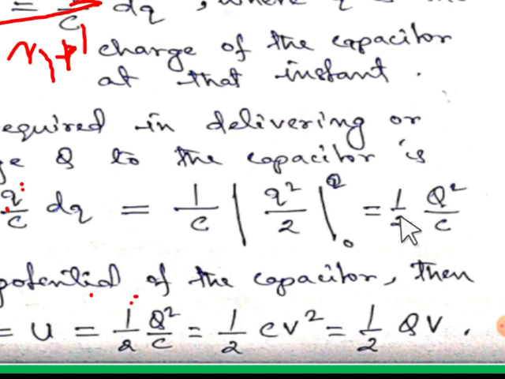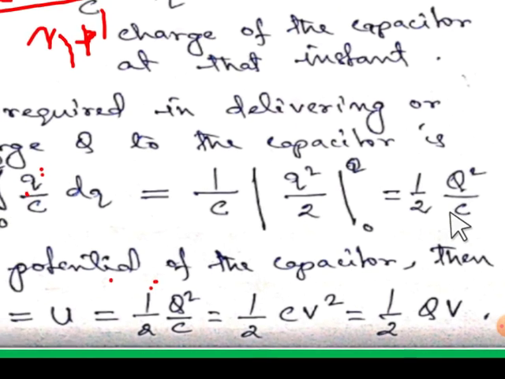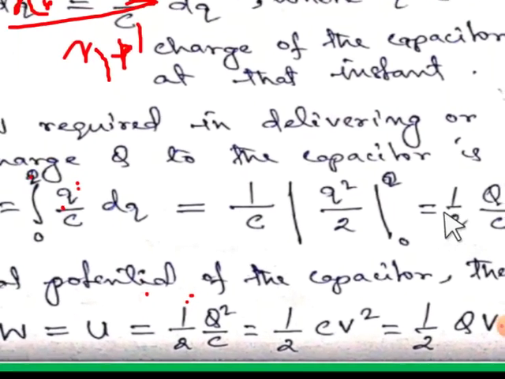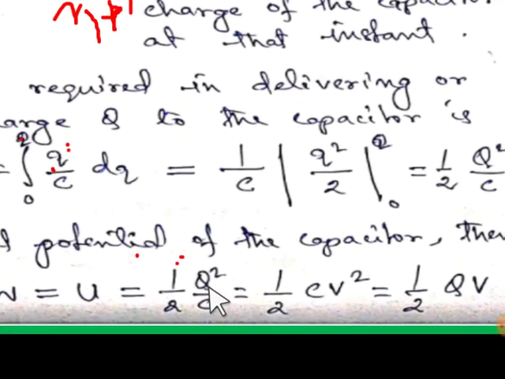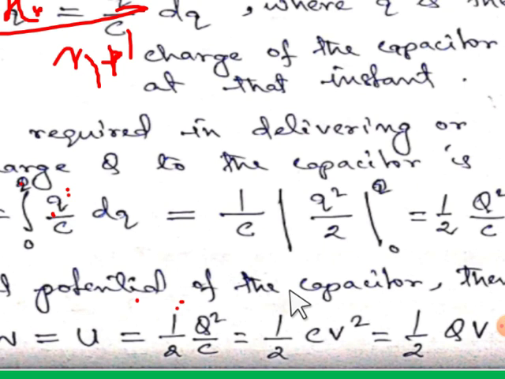Now this is the resulting formula, and we can replace this Q square by C using the formula connected with C equal to Q by V. So your Q will be equal to CV, right?